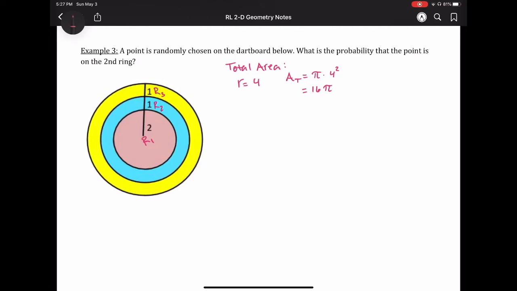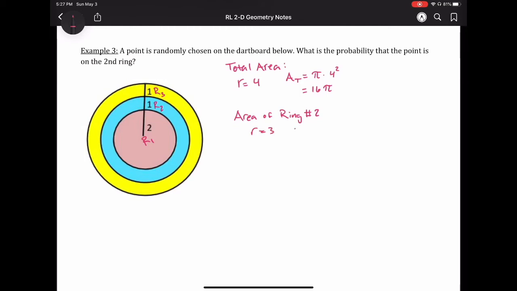So I'm going to go ahead and say that this next piece is area of ring number 2, and the radius for the whole thing is equal to 3.